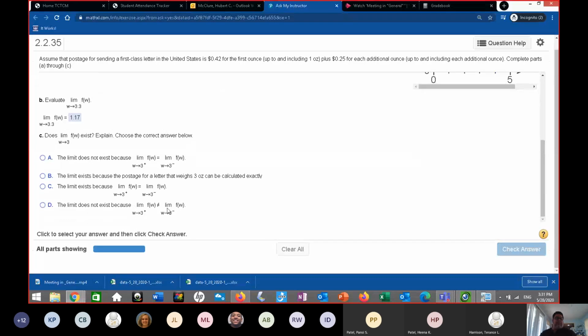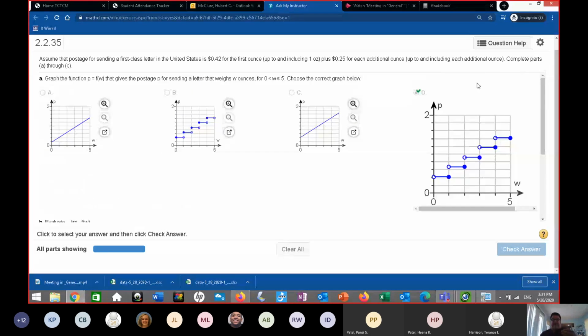Here it says, what happens when you approach 3 on the weight? Now, you got to be careful here because it says approach 3. That means from the left and the right. Okay? So here is 3 right there.